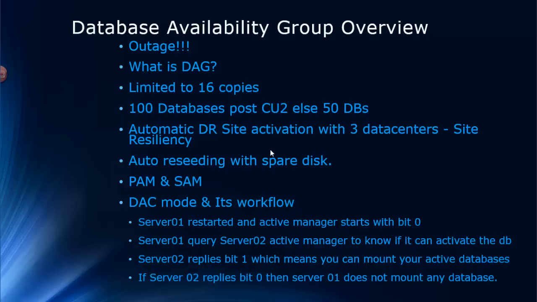The dependency is how many databases one disk has; it will reseed them automatically. But the spare disks should be available already in place before the crash in the configuration. So you have to configure your databases in the way of auto-reseeding. It's not the normal configuration, it's a different configuration.